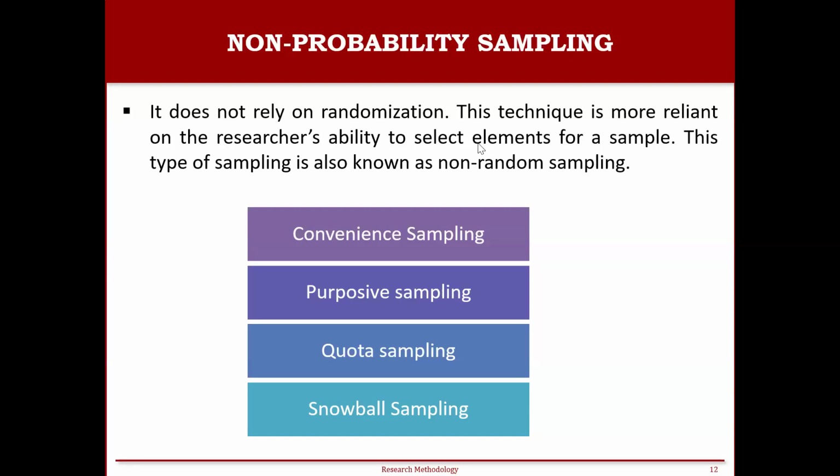The way of practicing convenience sampling is that the researchers select the individuals who are easiest to reach and most convenient for the researcher. So under convenience sampling, when they are going to select the sample, they select the individuals who are easiest for them to reach.